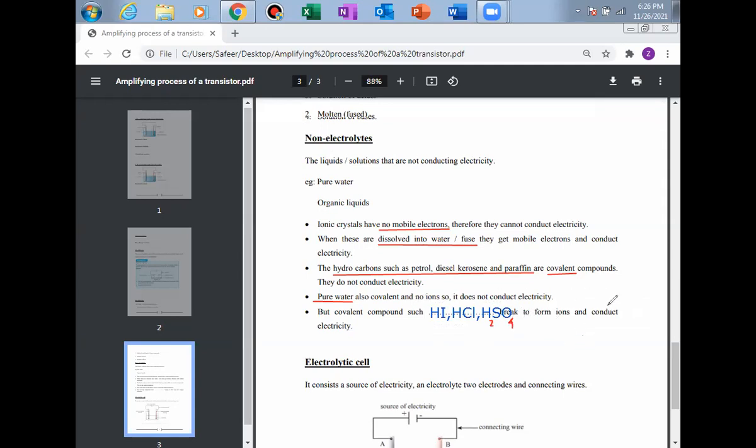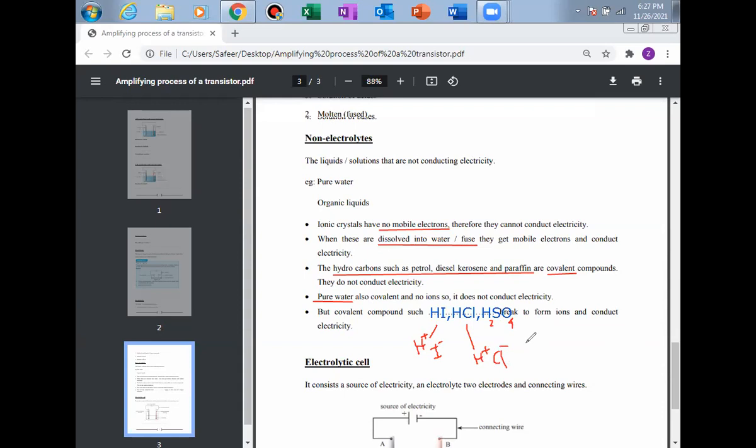These are conducting because they are breaking and forming ions. HI breaks into two as H plus and I minus when we use the electrolysis process. Like that, HCl breaks into two: first part is always plus, H plus and Cl minus.